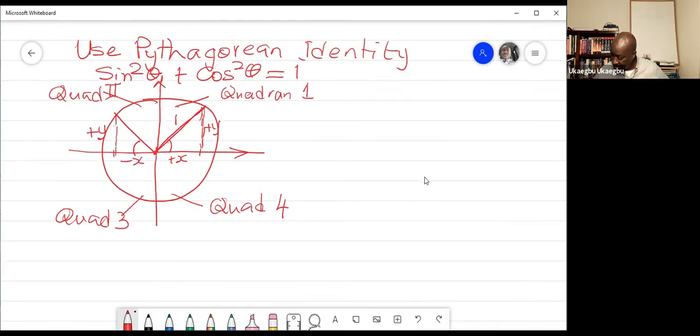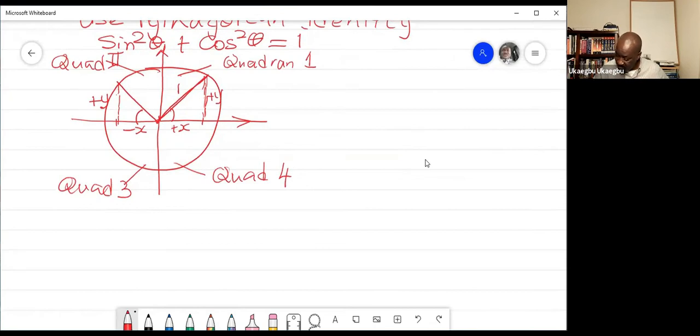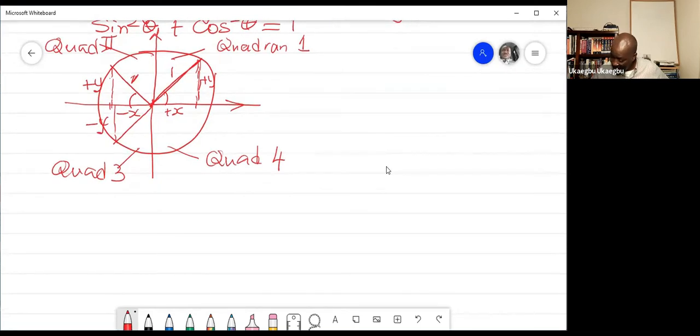On the other hand, if this is radius 1 and you have your angle in the third quadrant, you will see that both y and x are negative. If you draw it in this quadrant, you will discover that x is positive and y is negative.